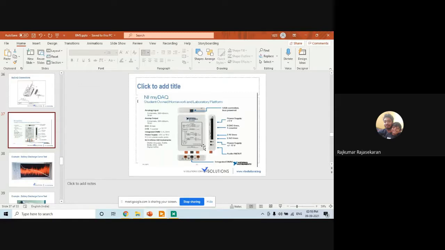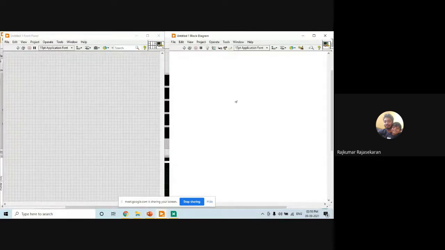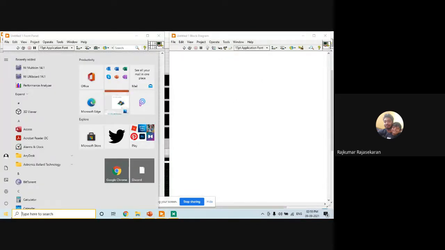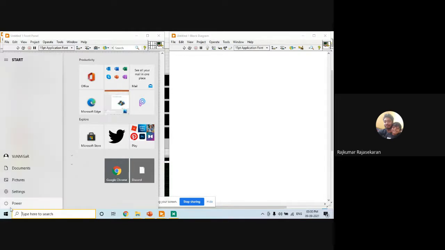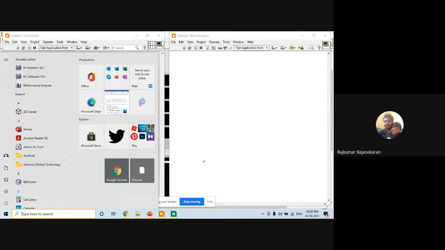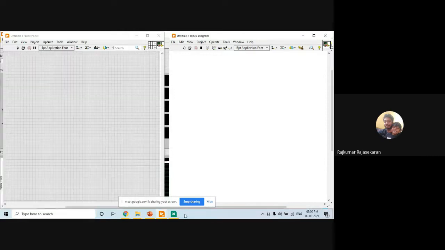Right now it's not entirely necessary for us to create a program to access the DAC hardware. As I already told you, since NI LabVIEW is a virtual instrument based platform, there are always some options available during this simulation. Now we need to use appropriate hardware to measure it.